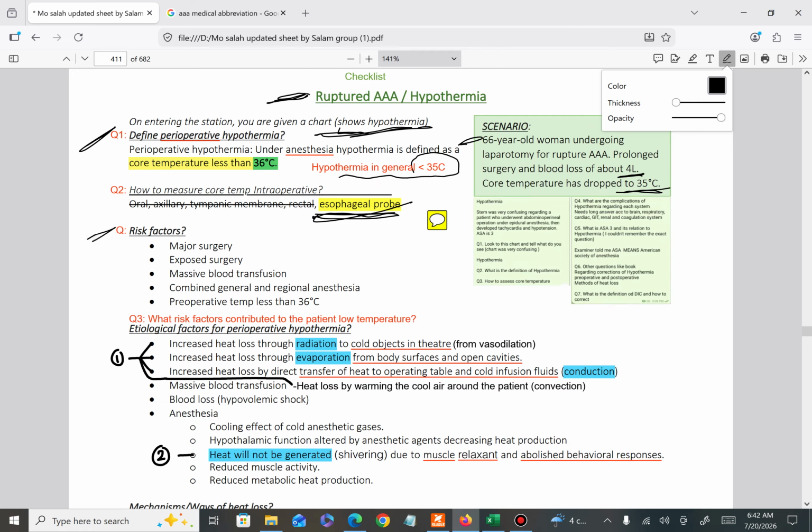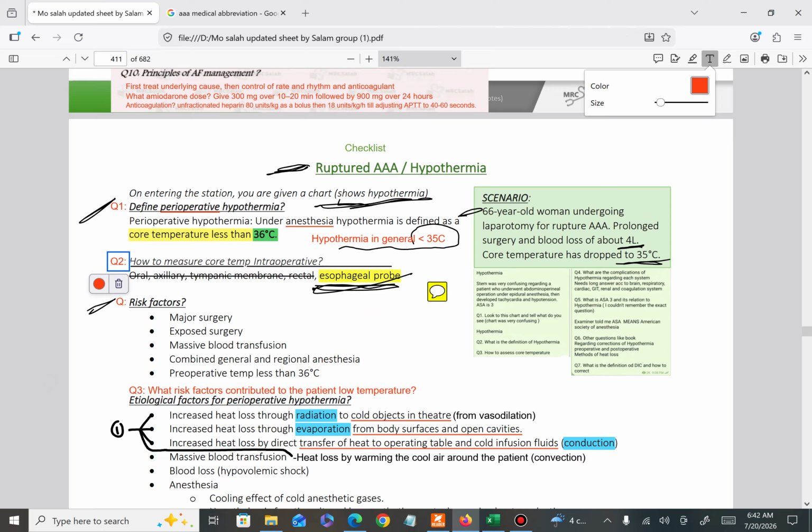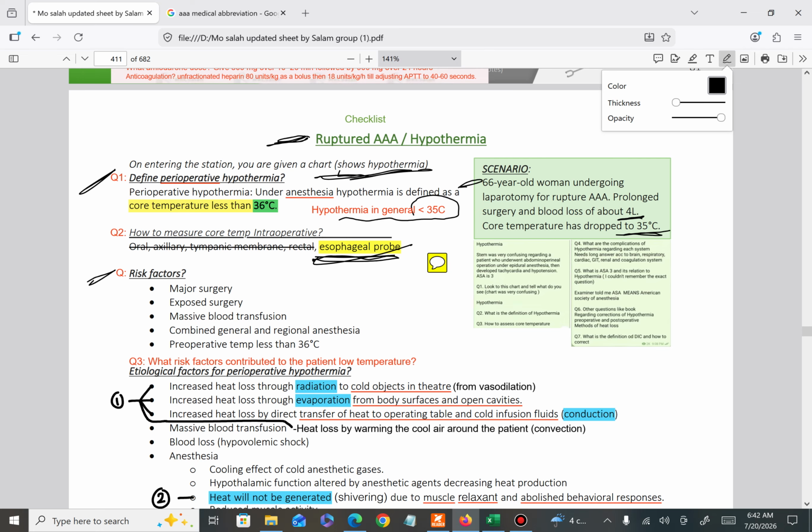Then the risk factors for hypothermia are major surgery, exposed surgery, massive blood transfusion, combined general and regional anesthesia, and preoperative temperature less than 36 degrees C. So these are the risk factors for perioperative hypothermia.